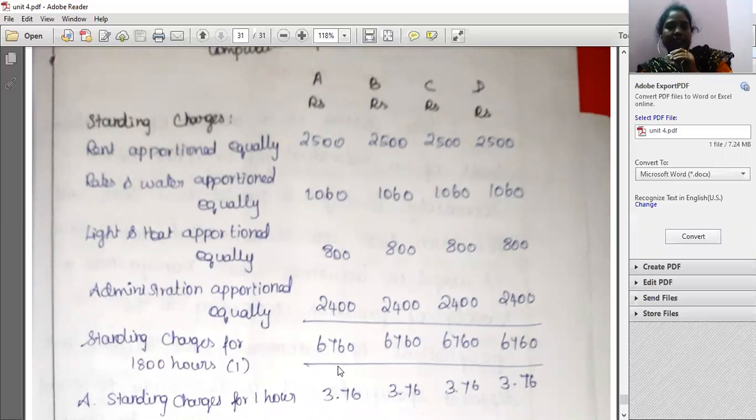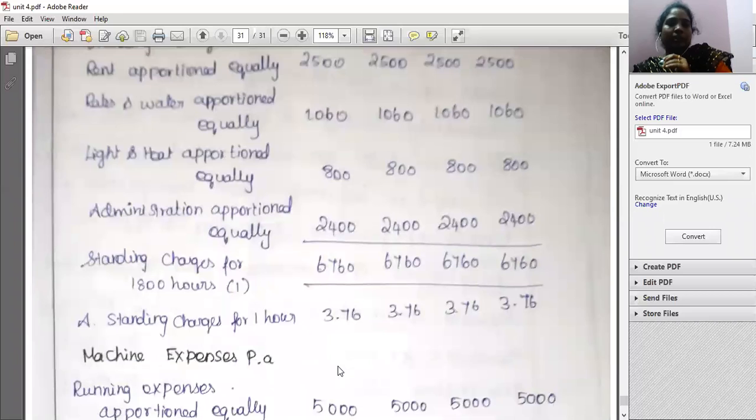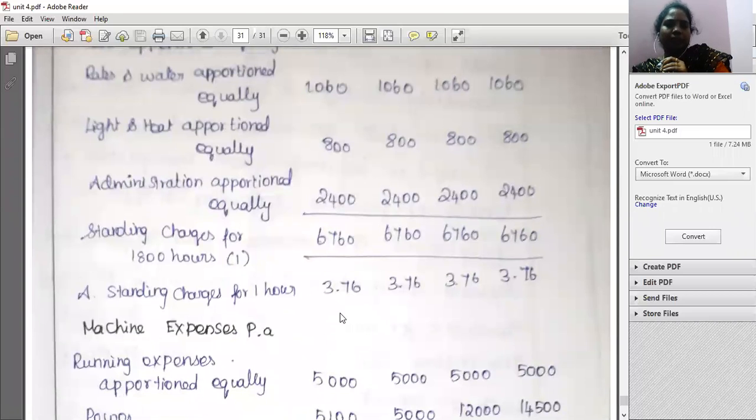Apart from the machinery hours, we have to find out the total of the standing charges. And next we divide the total by 1,800 hours per year. So 6,760 divided by 1,800. The same answer arrives again for the four machines.